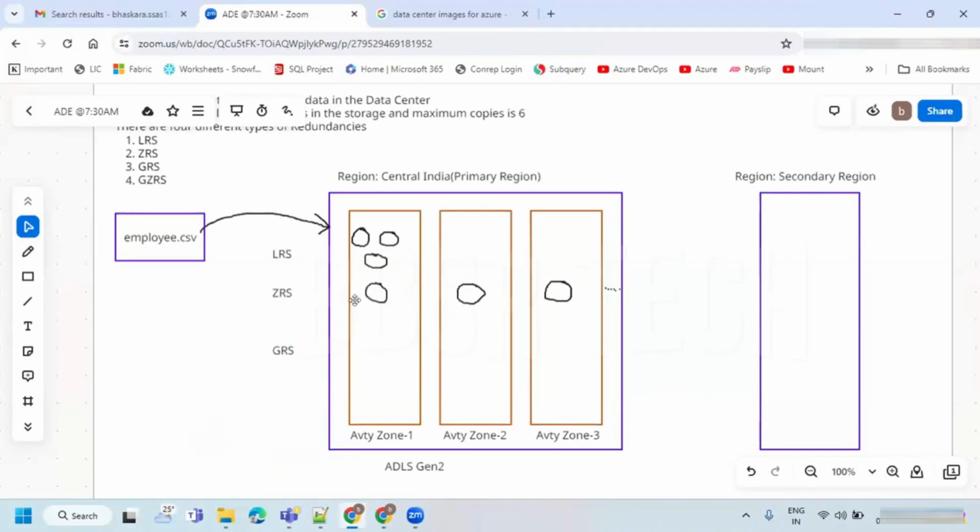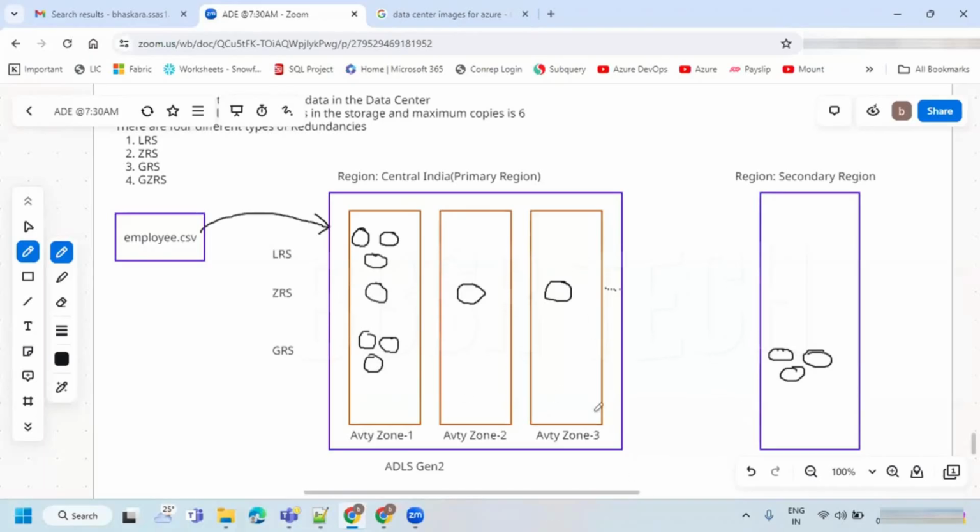So here, what happens is, I'm going to have 3 copies of the data here, and 3 copies of the data I'm going to have here. So 3 copies are there in both of the places. The secondary region is always going to be LRS only.